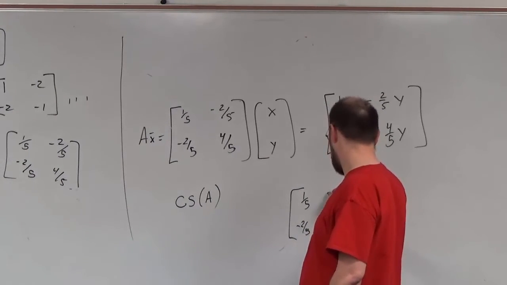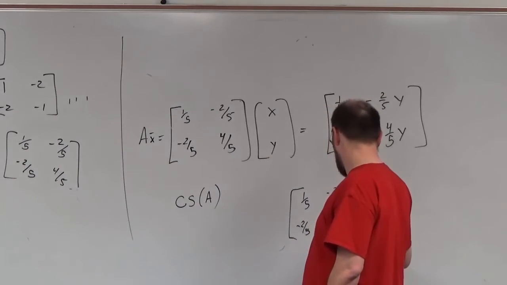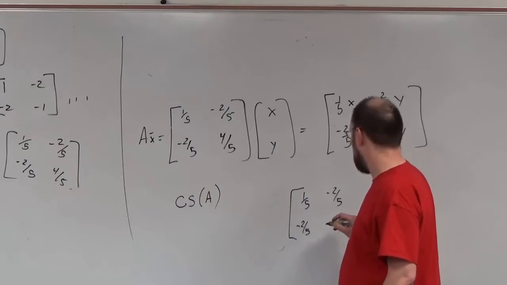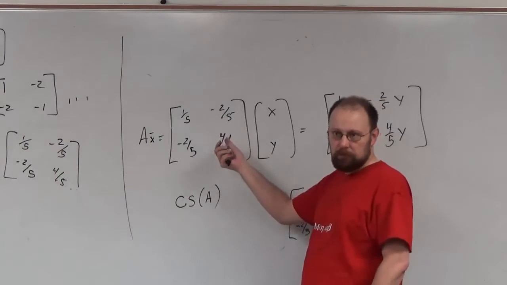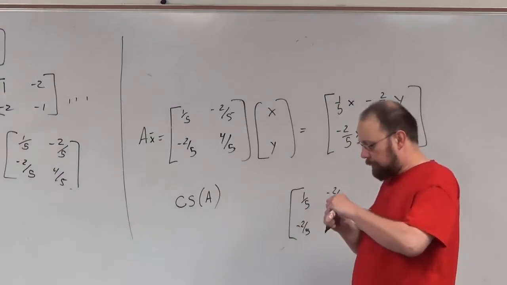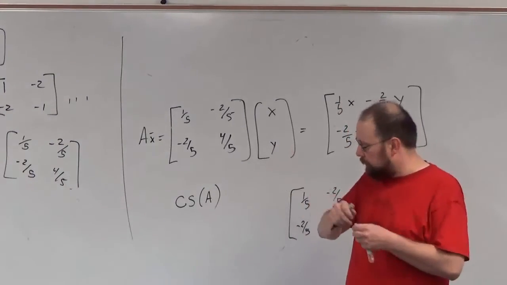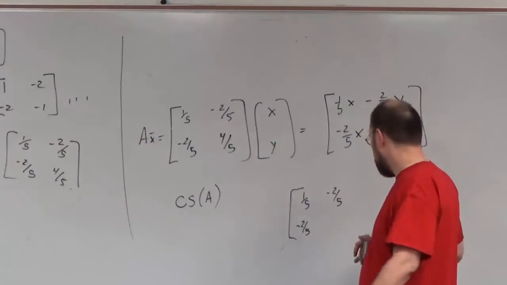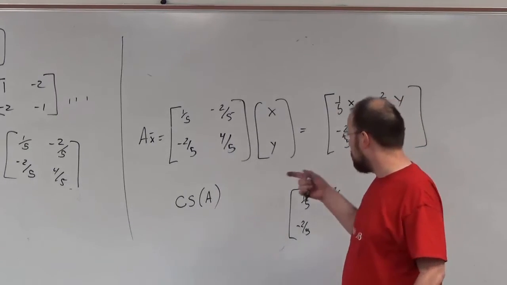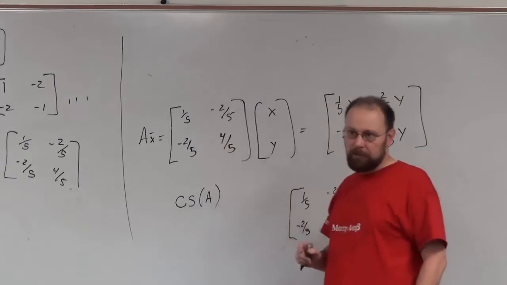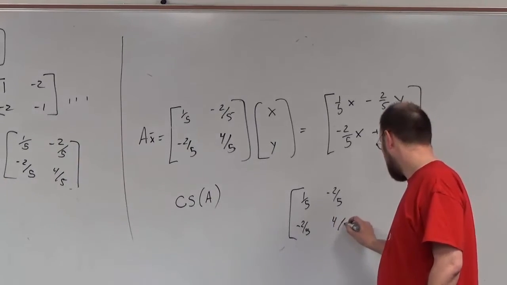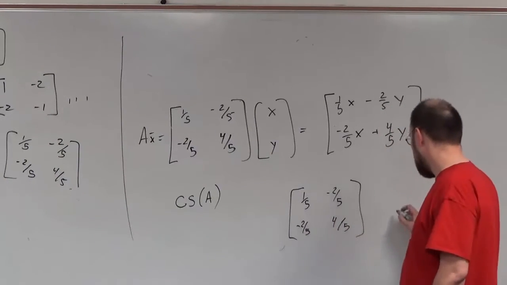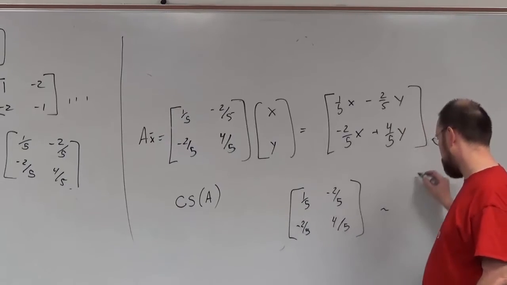Probably the best approach. You're finding the range of this transformation, and we're going to show that the range of the transformation gives you that line. The range of a transformation is the column space of the corresponding matrix. So we should have done that. So let's row reduce.